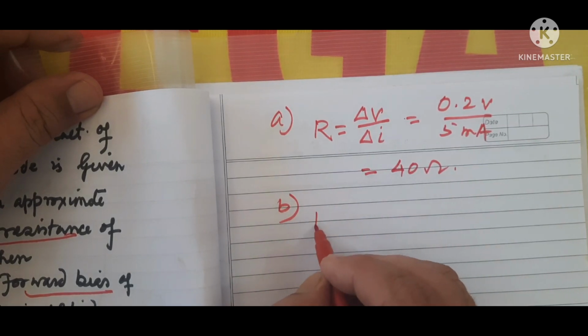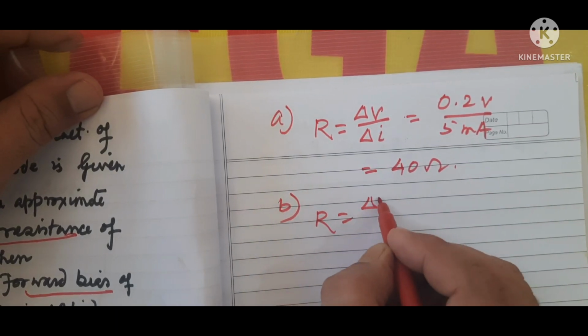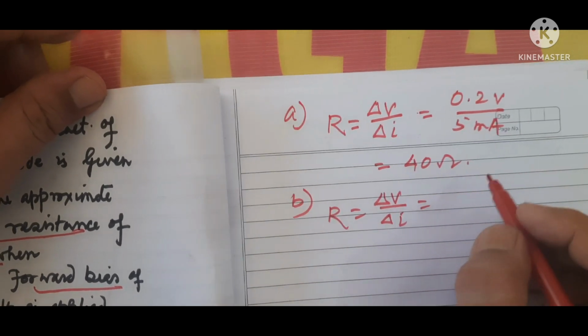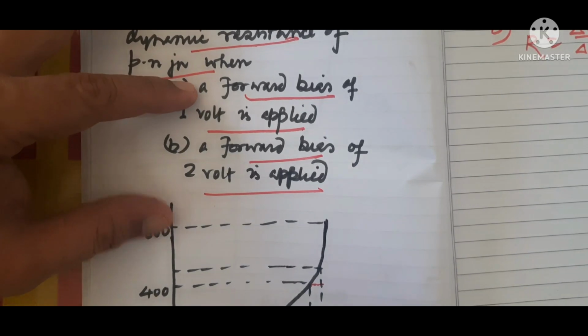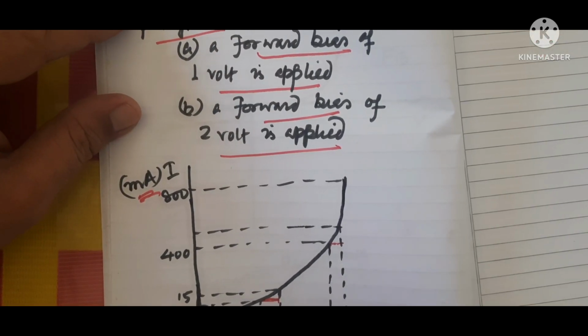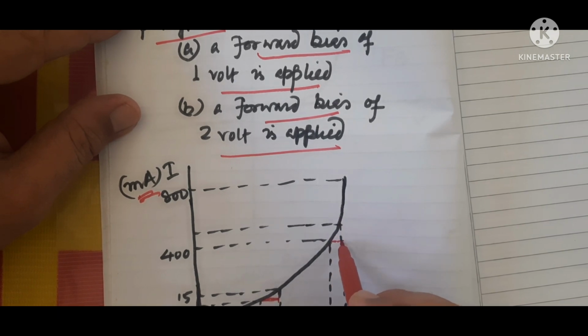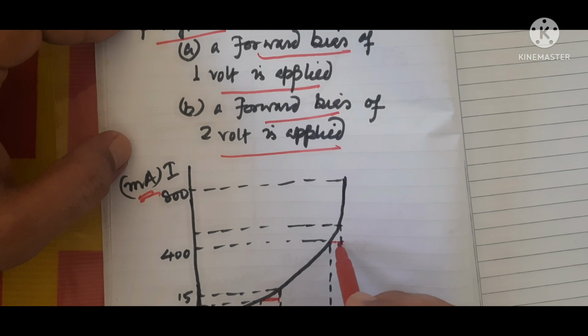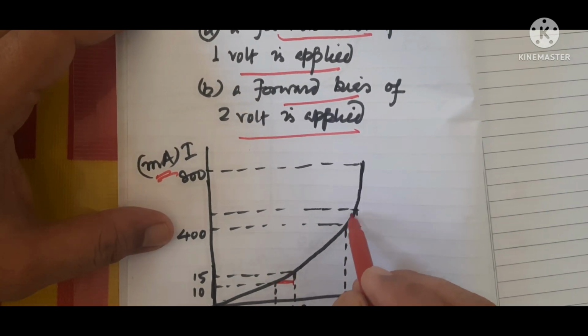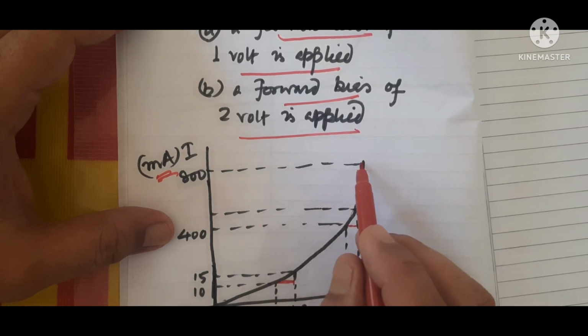Similarly, in the second part, again you have to find the dynamic resistance, delta V by delta I. Delta V, in this particular case, from 2 to 2.1, the difference in potential is 0.1, and the difference in current, this is 400 and that part ends at 800.